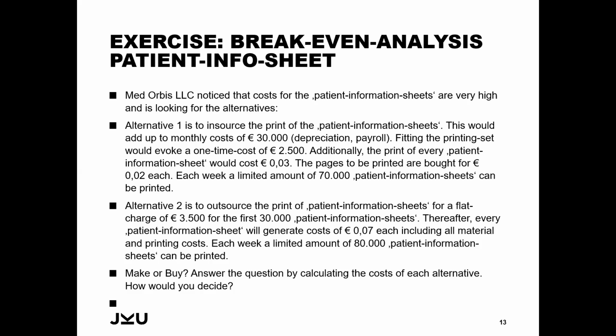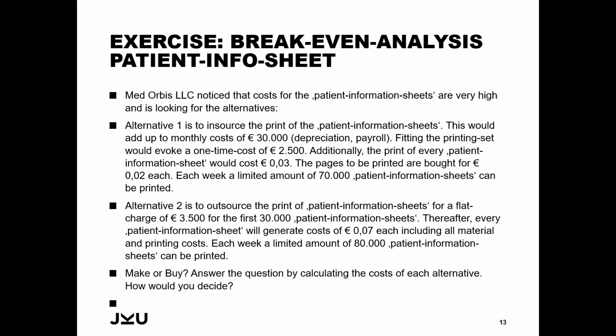But thereafter, once we would calculate such a break-even point, we still have another function, because if we need more than 30,000 patient information sheets, let's say 50,000, then again that's the question, because we are still capable to insource that.